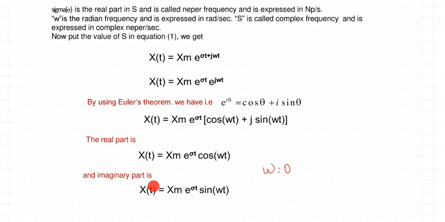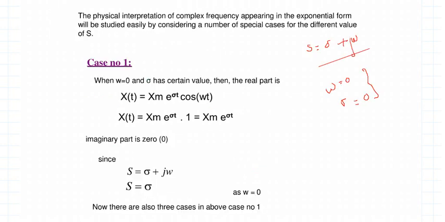It means that for omega equal to 0, we have only the real part with the equation x(t) equal to Xm e raised to sigma t, since cos of 0 becomes 1, and that is what is shown in the next slide.